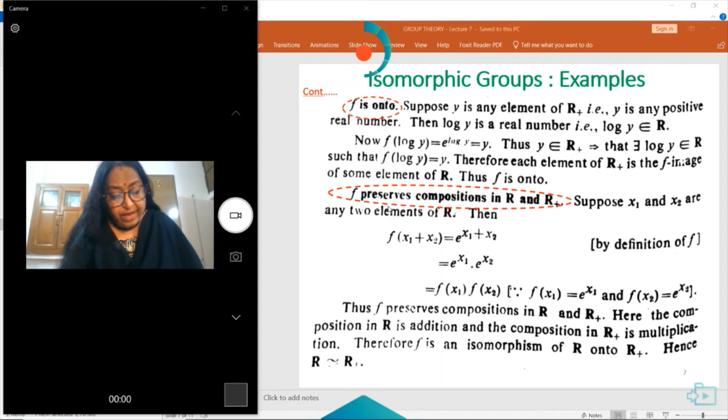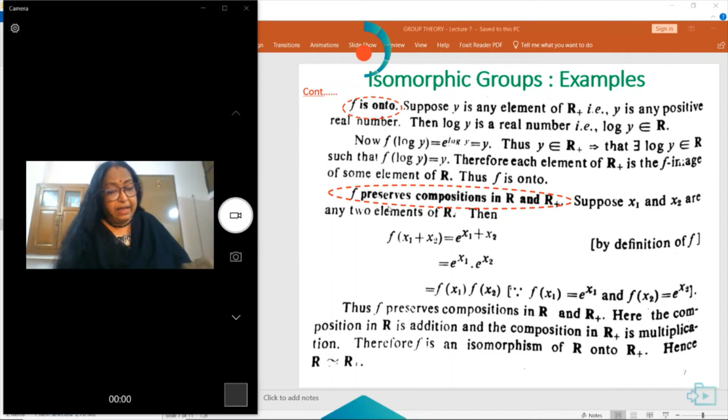That is, f(x1 plus x2) is equal to f(x1) into f(x2). Thus, f preserves composition in R and R plus, that is, f is an isomorphism of R onto R plus, then R is isomorphic to R plus.